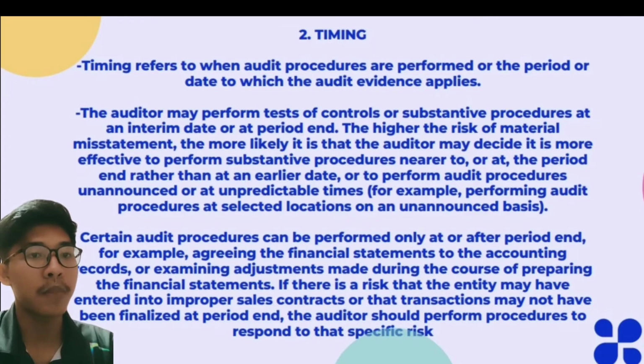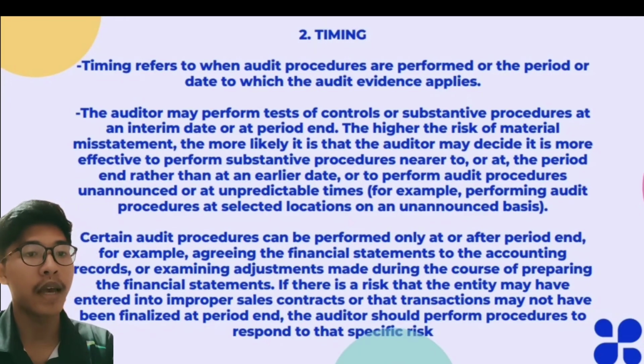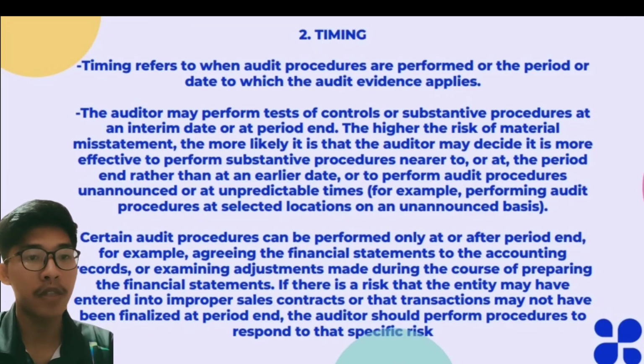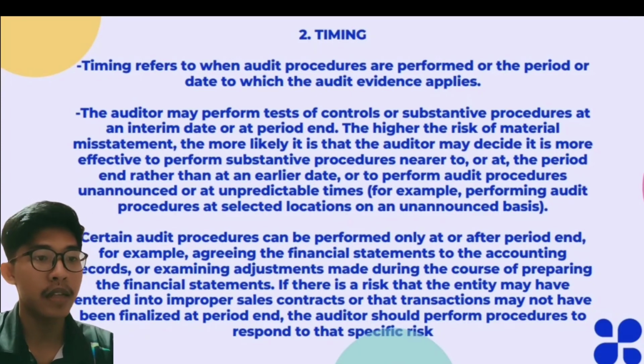For example, performing audit procedures at selected locations on an unannounced basis. Certain audit procedures can be performed only at or after period end. For example, agreeing the financial statements to the accounting records or examining adjustments made during the course of preparing the financial statements.